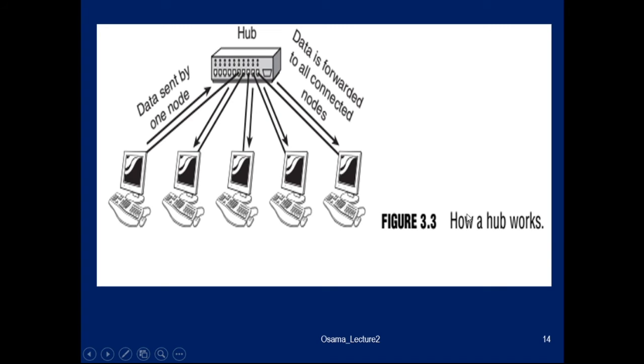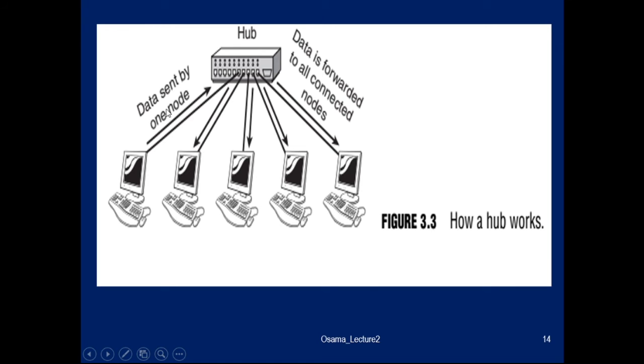So how does the hub work? If one computer needs to send data to another node, the data is sent by one node and forwarded to all connected nodes.